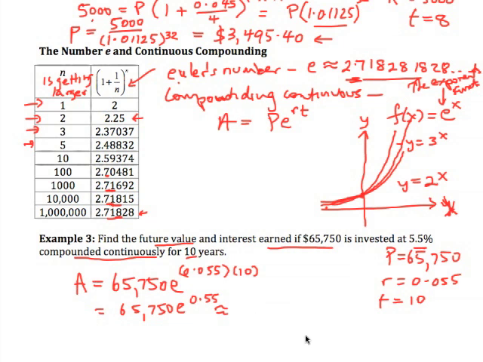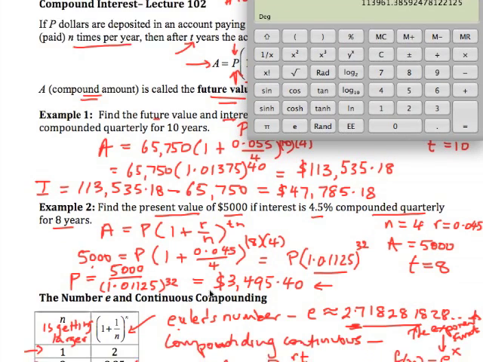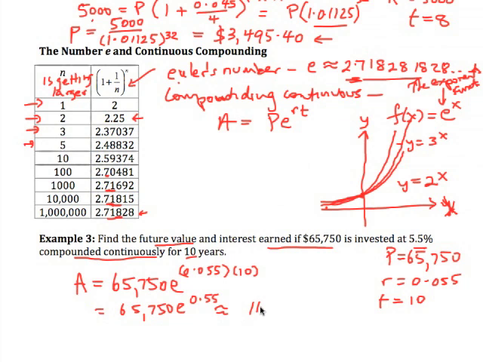Now this is going to come out to be approximately, if we look at our calculator, e raised to the power of 0.55, this is what I get, and now multiply it by 65,750, and I end up with $113,961.39.